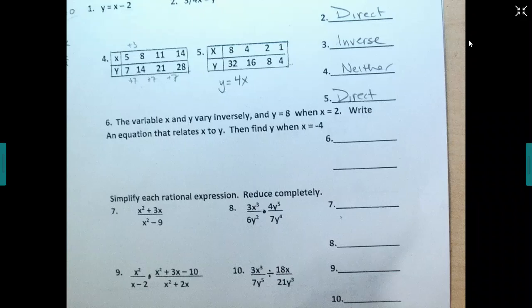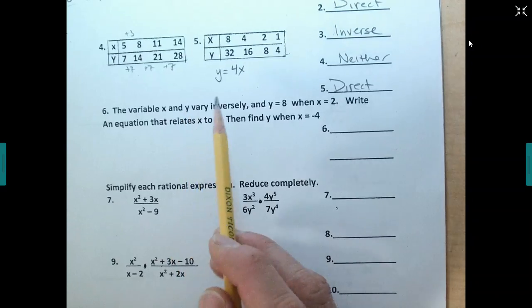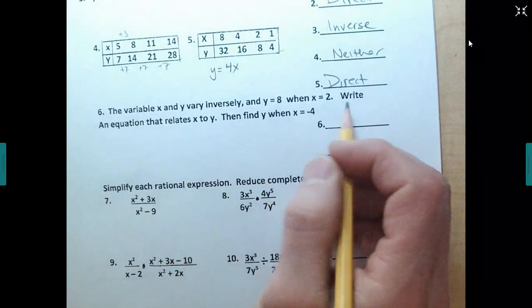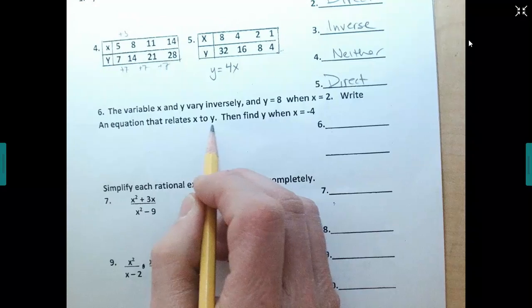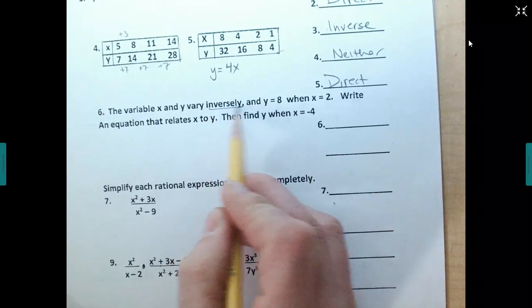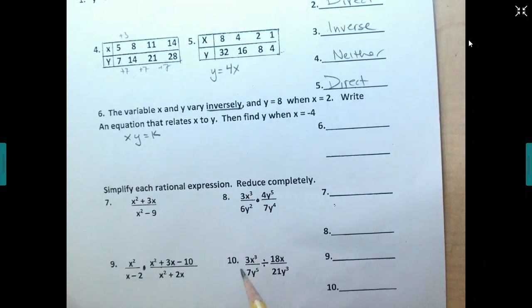All right, number 6, variables x and y vary inversely. Y equals 8 when x equals 2. So write an equation that relates x and y, then find y when x equals negative 4. So I'll do that second. So we have an inverse variation, which is x times y equals k.